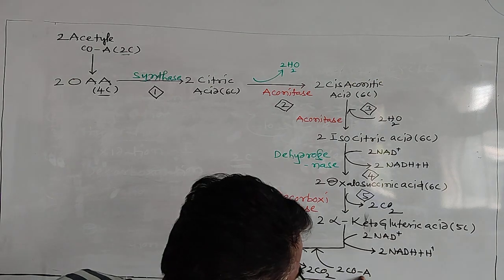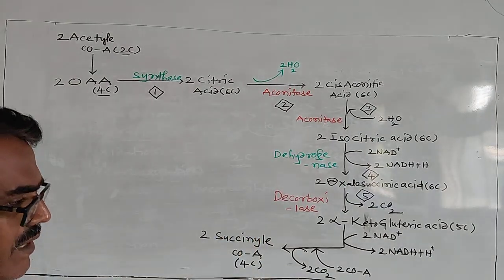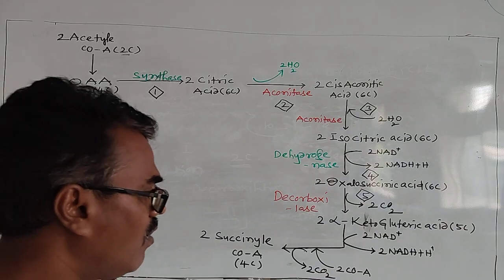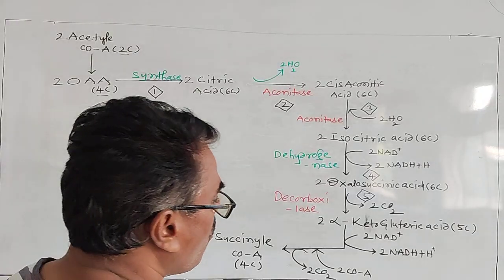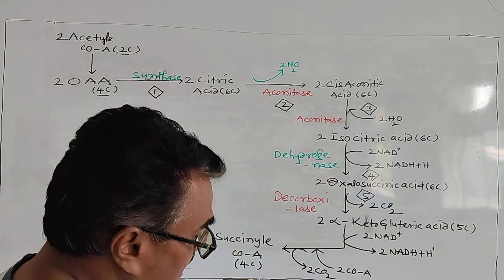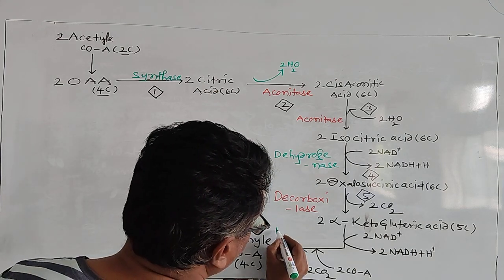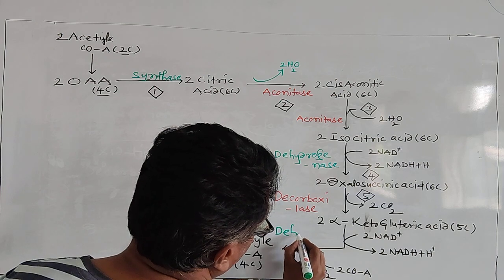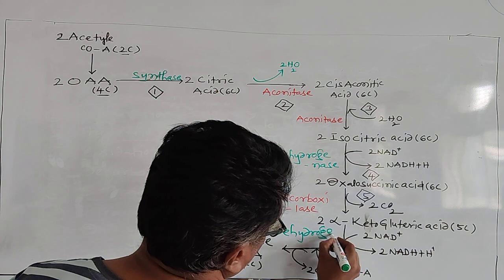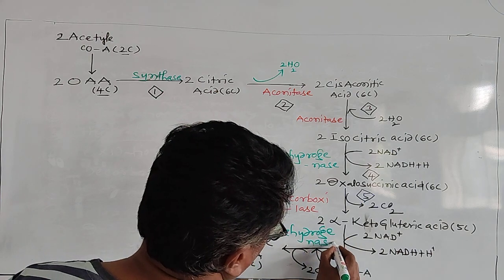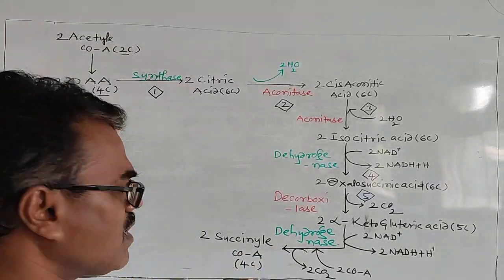This coenzyme A is added to succinic acid, so that is succinyl coenzyme A. Here one enzyme is required, the same case, dehydrogenase. The dehydrogenase enzyme is utilized in this sixth chemical reaction.